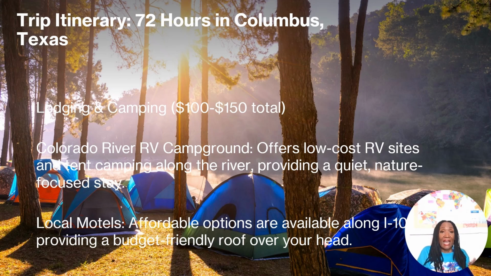A day at the Colorado River Campground in Columbus, Texas. This includes your tent and your camping equipment for somewhere between $100 and $150 per day. Of course, you'll have to purchase your own food and water and bring your own bedding, clothes, toiletries, etc.